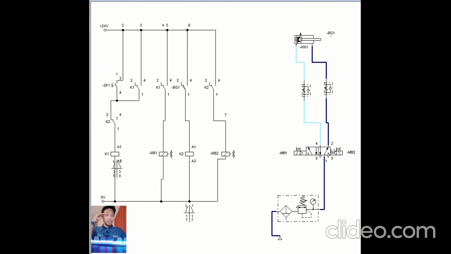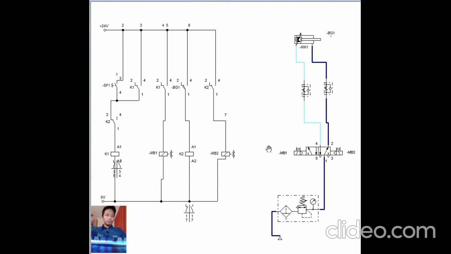As I said, with the impulse valve, if there is no BG1, it will remain extended. But with BG1, it will detect the fully extended position, and now it will energize the K2 relay. K2 will make the solenoid valve MB2 energized. So the current will activate the opposite section of the double acting cylinder, and it will retract it to its normal position.